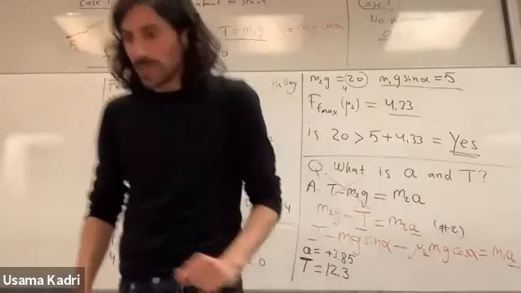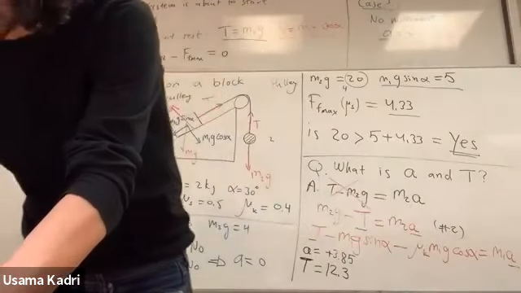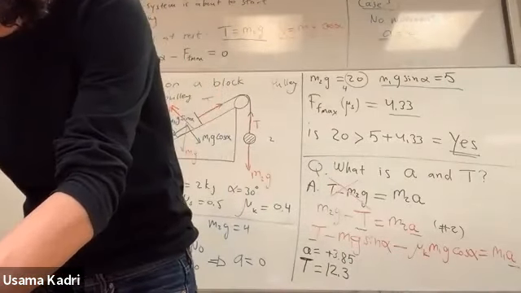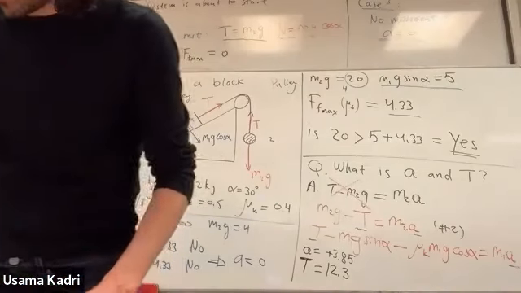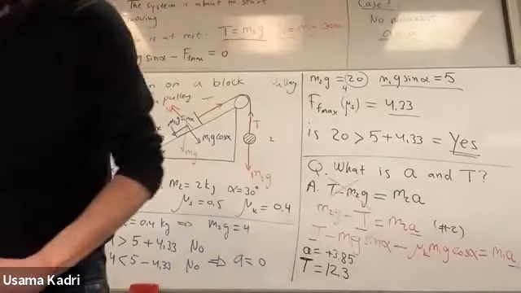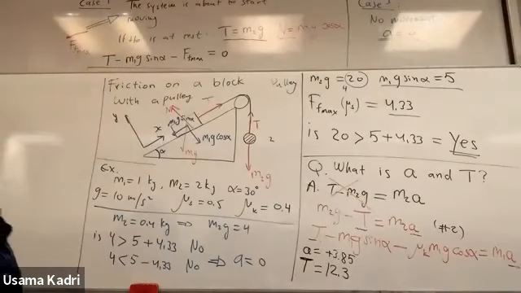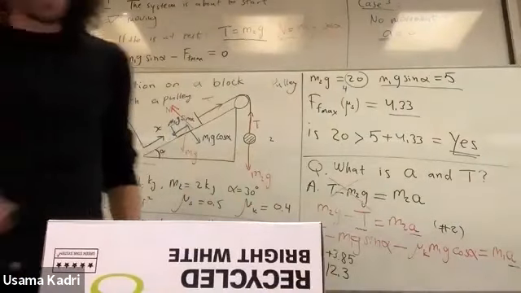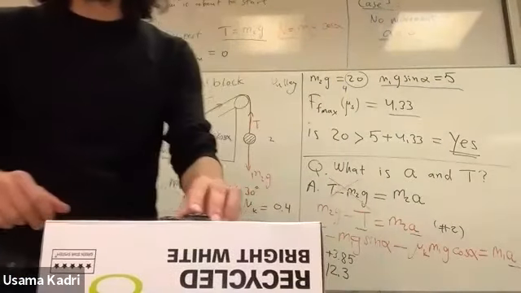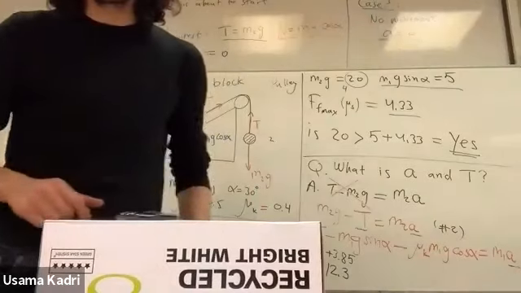The last thing I want to finish with, which I showed you last time, is how objects move. Let's see if I can put this here. Objects move. It's not the best angle.